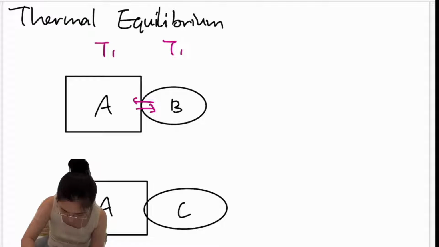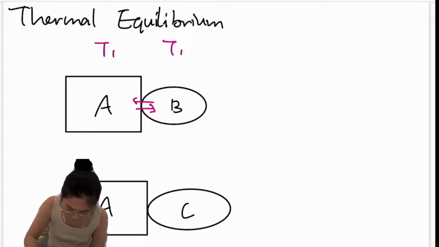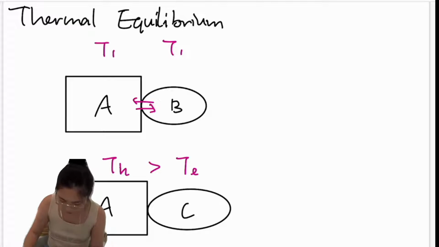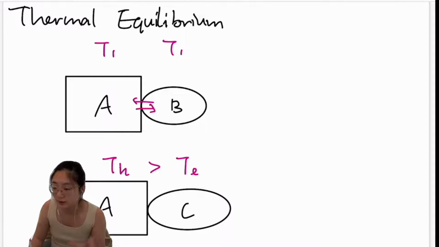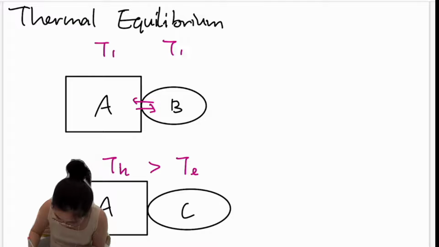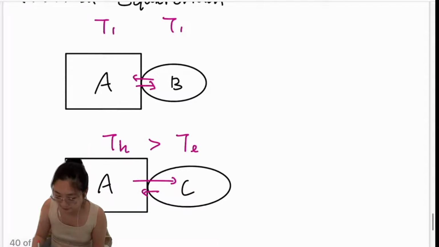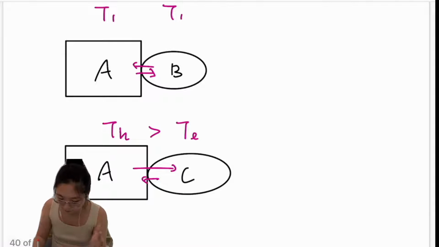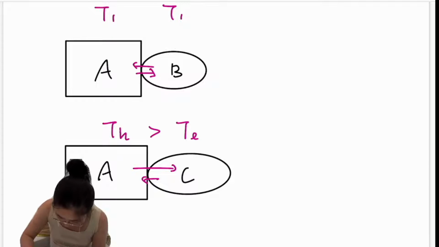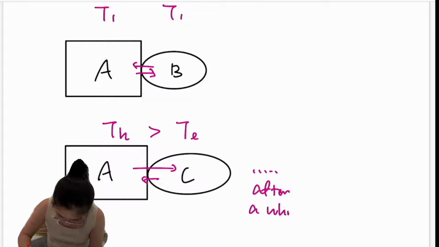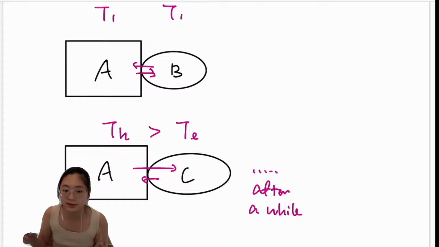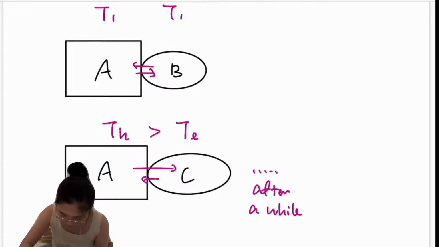So this is A, this is object C, and let's say object A is at a higher temperature, T high, and C is at T low. Then there will be a net heat flow from object A to C. So eventually you will observe a heat flow from A to C, and after a period of time they reach thermal equilibrium.